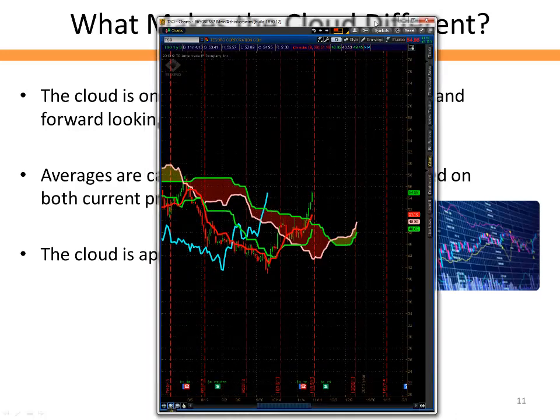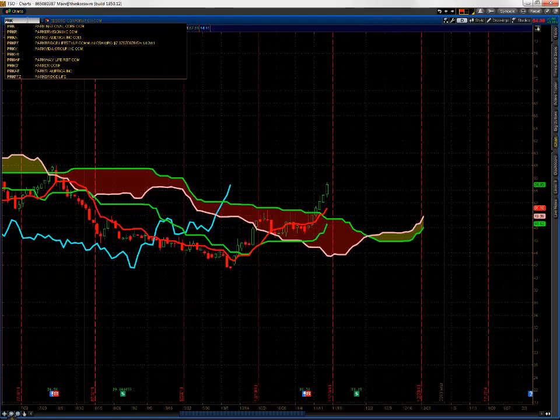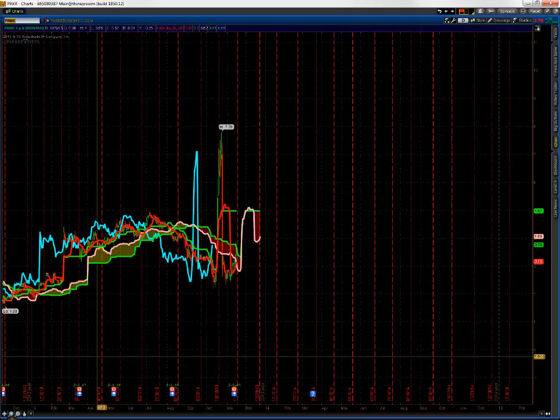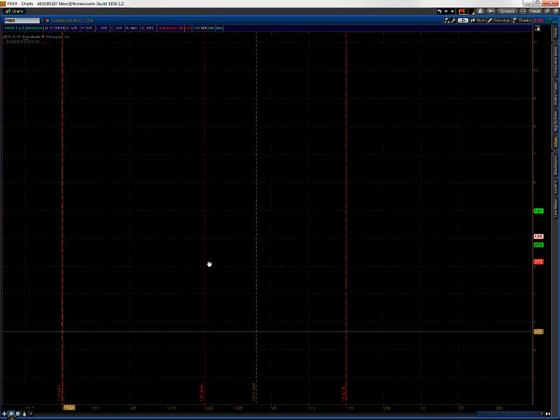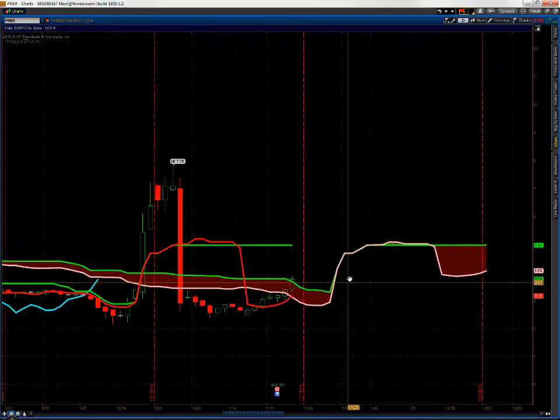Throughout the course of the day, I see unusual option activity. If I see a chart and they bought calls yesterday in Parker, PRKR, I bring up this chart within like 5 seconds, and I'm like, oh, it's under the cloud. I'm not going to take a trade in this.